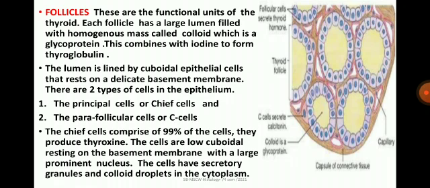So the chief cells or principal cells comprise 99% of the cells. They produce thyroxine. The cells are low cuboidal, resting on the basement membrane with a large prominent nucleus. The cells have secretory granules and colloid droplets in the cytoplasm.